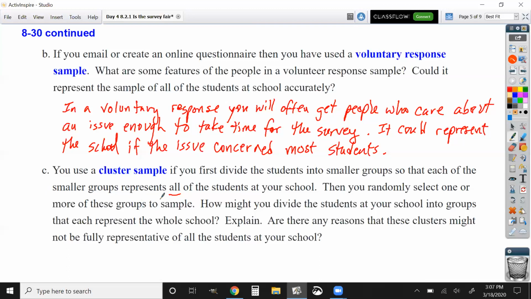We could also say we're only going to take students that are taking math, since everybody has to take math. So maybe we could do something like that.